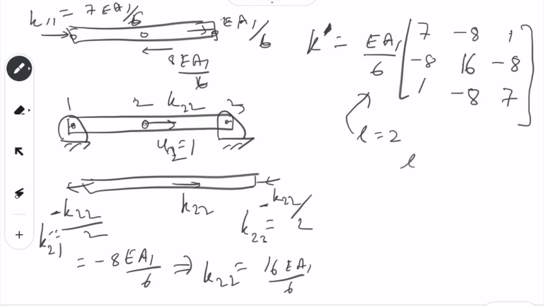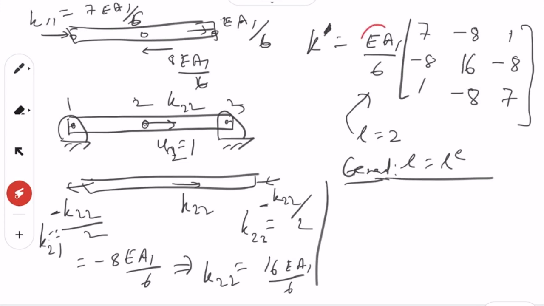If L equal to LE, for general purpose, if you have to find the stiffness, you know that the EA over L term comes here. So here the 6 is nothing but 3 times 2, where the 3 multiplied by LE will be the one.